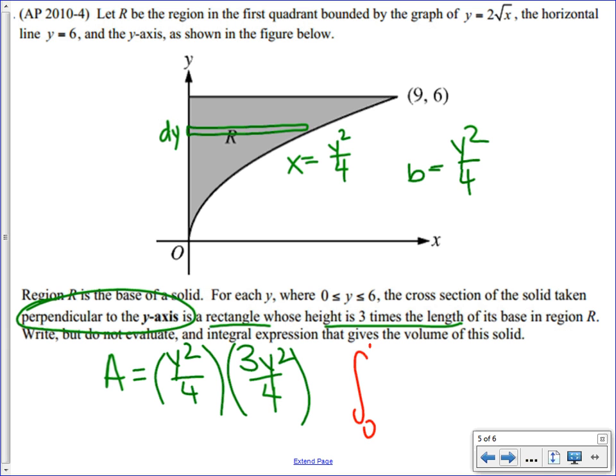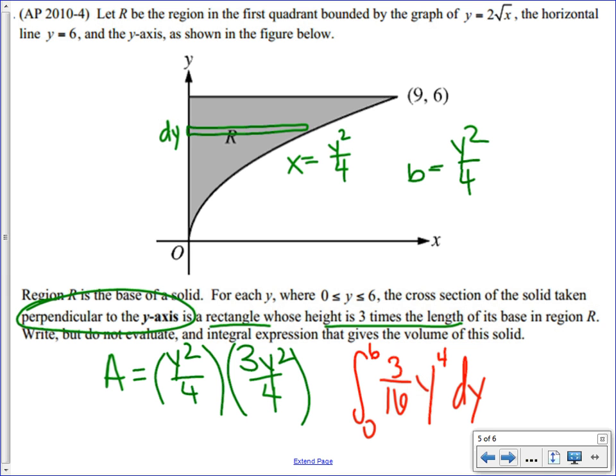I'm going to rewrite this as 3 over 16 y to the 4th. This is what we do by hand, because this would be a non-calculator problem.